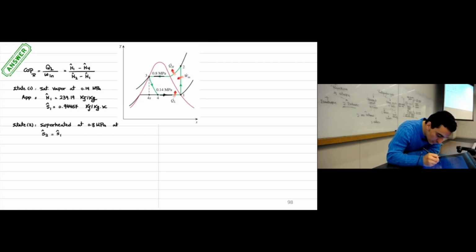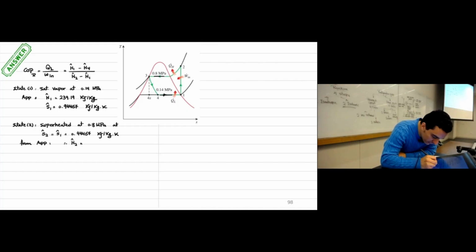This is the same as entropy at point 1, which is 0.94467 kilojoule per kilogram Kelvin. So now we have these two information. So we can go to the appendix. Then we can find H2, which is 275.4 kilojoule per kilogram.